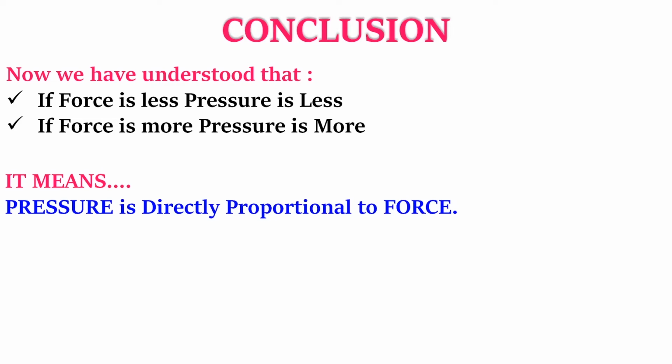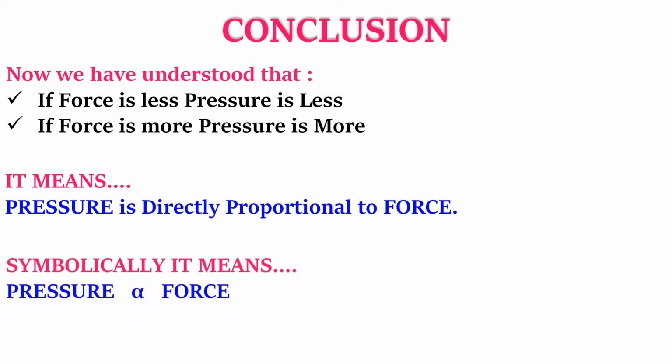This means that pressure is directly proportional to force. Symbolically, how you will write? You will write it as pressure, the proportionality sign, force. And we will read it as pressure is directly proportional to force.